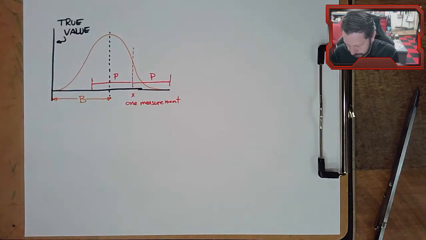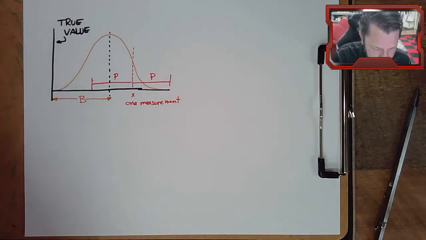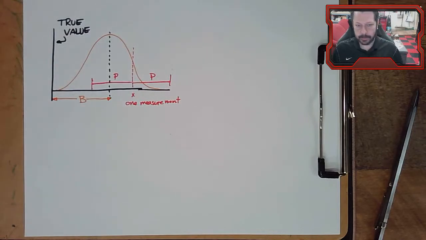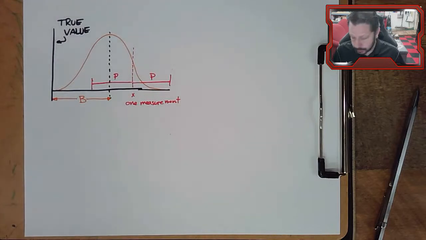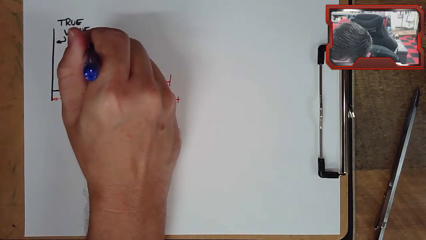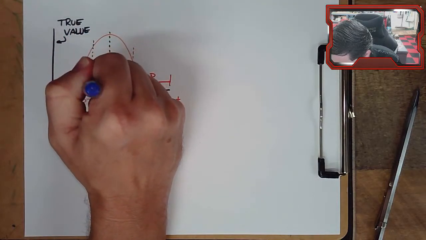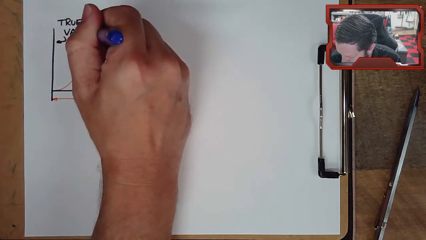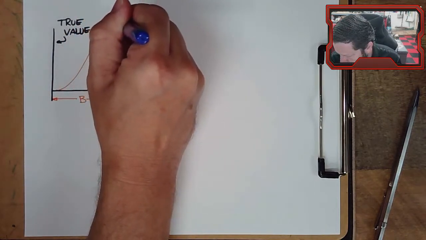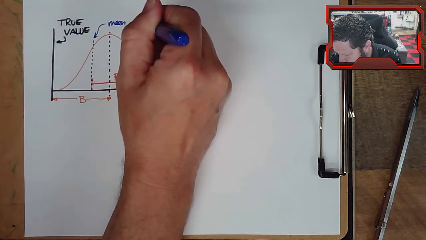If we did the same thing, let's use a different color, blue. I'll put it somewhere not overlapping everything, I guess. If we took multiple samples, maybe they land over here. So this is the mean of multiple samples.